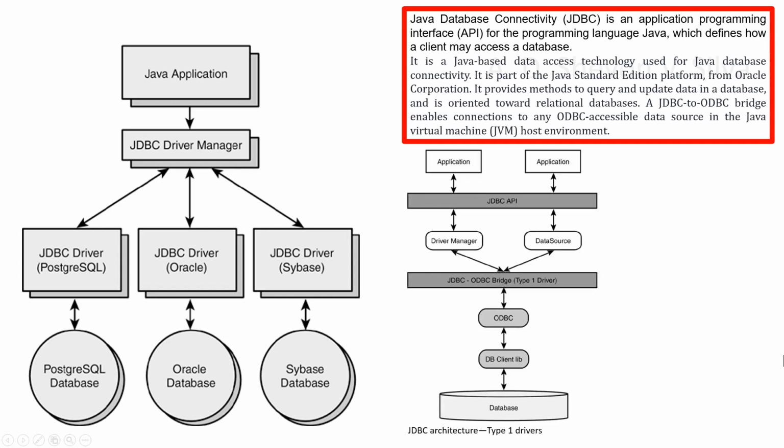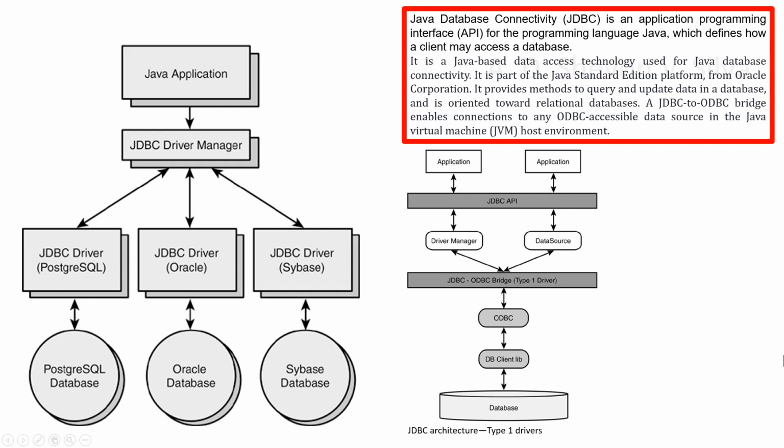The protocol for communicating with the database normally is not compatible across different databases. Therefore, there is a need for a product known as a database driver to convert the JDBC calls into the native call for the particular database. Needless to say, each database requires a different driver.